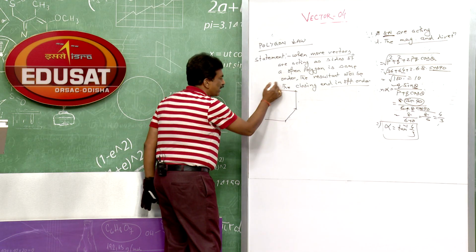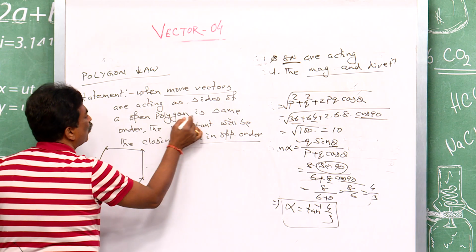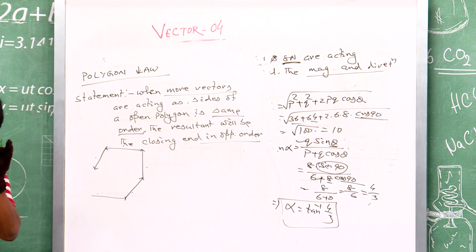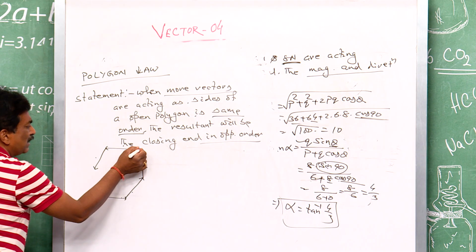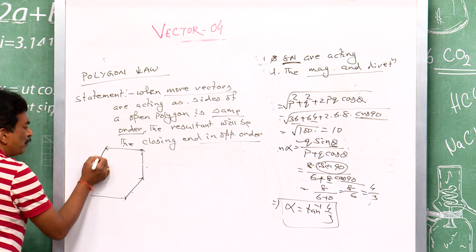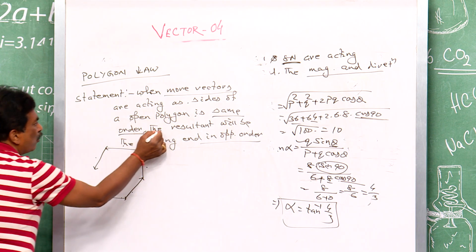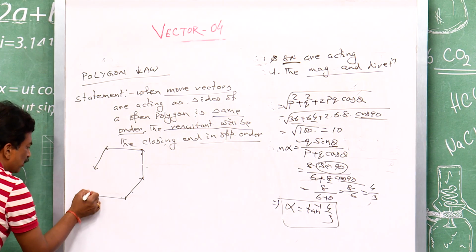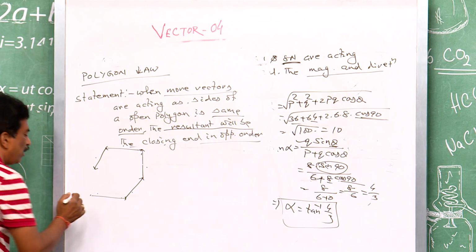So what will be the resultant? When the vectors are acting as the sides of an open polygon in the same order, in the same order means one completes, the next starts. First completes, second starts, second completes, third starts, third completes, fourth starts, fourth completes, fifth starts. Then the resultant will be the closing side, in the opposite order.